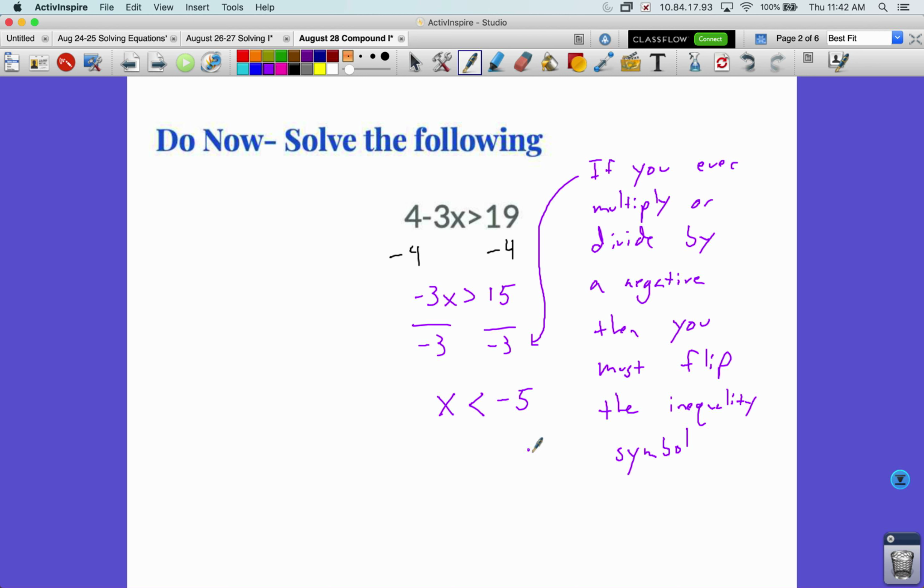So whether it's a less than, greater than, less than or equal to, greater than or equal to, if we ever multiply or divide by a negative, then you must flip the inequality symbol.